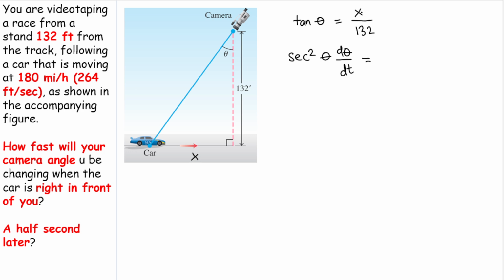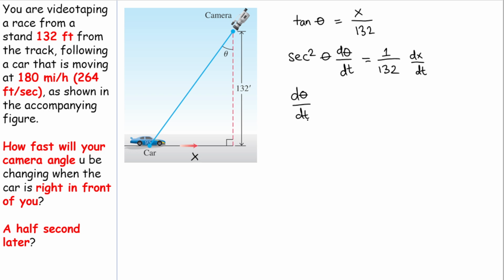Good. And then that will equal, I think we have this one here. The derivative of x is dx dt, but 1 over 132 is just a constant. So I'll have 1 over 132 multiplied by dx dt. Now I want to move this secant squared to the right hand side, so I can isolate for d theta dt.